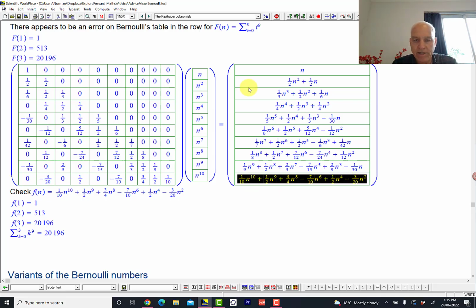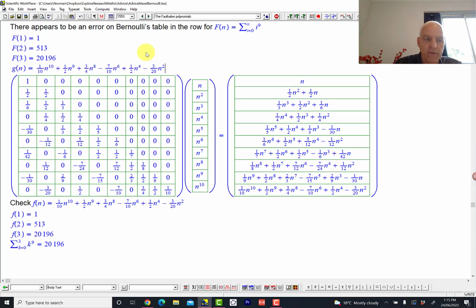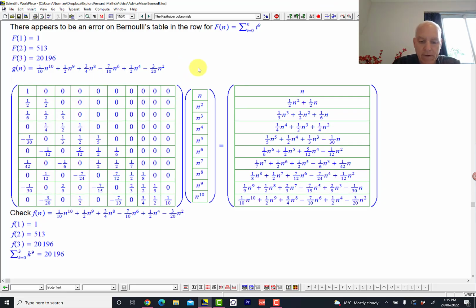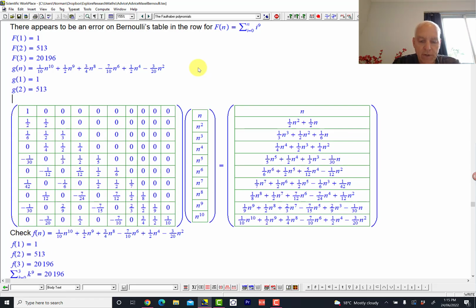This is the one with the -3/20. So let's define another function, g of n equals this. All right. And I'm going to calculate g of 1 and g of 2. That's 513. And g of 3, that's 20,196. This agrees with the actual summations.